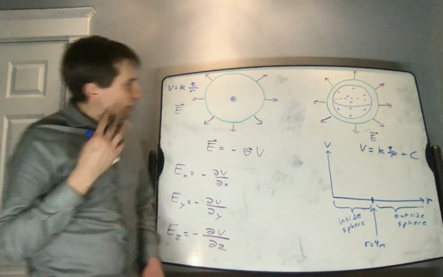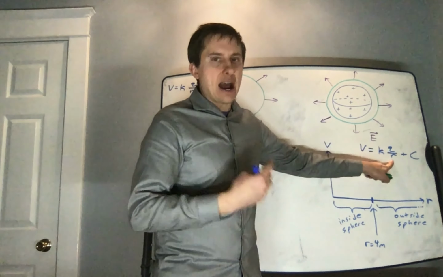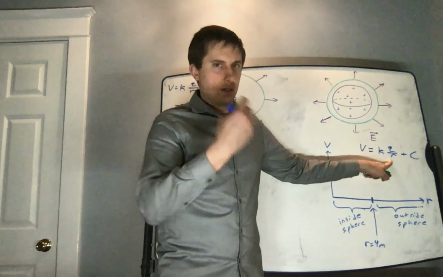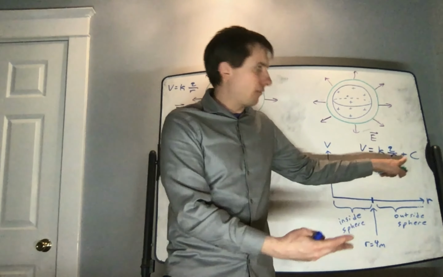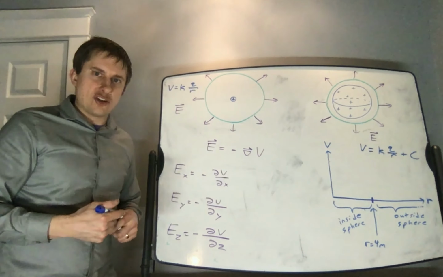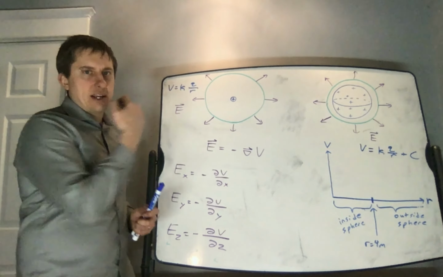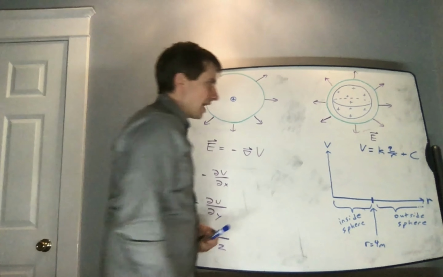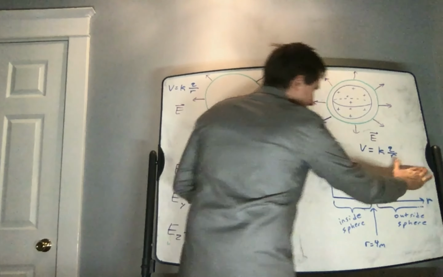So I could imagine that if I send r to infinity, this term kQ over r will fall away to 0, and I'm left with just this constant. But I want the electric potential infinitely far away from my charged sphere to be 0. And the only way I could do that is to have this constant C be equal to 0.